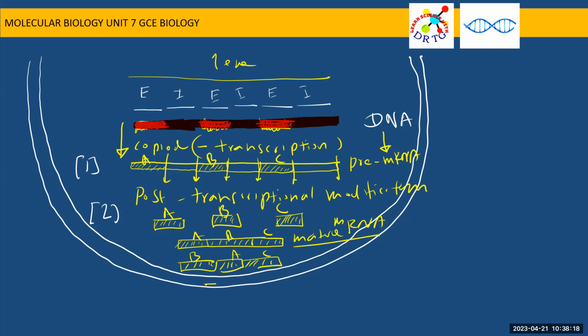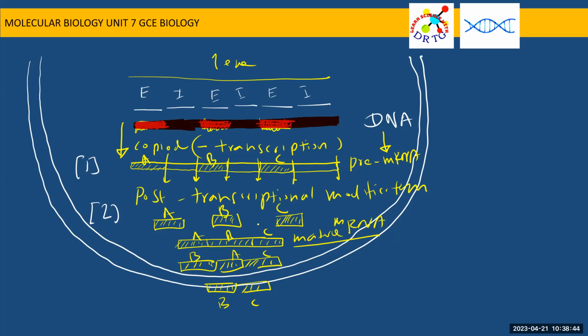Or it can make only B and C. So in post-transcriptional modification, there is a chance it can make different sequences. It can make many different sequences by alternative combinations of the exons.